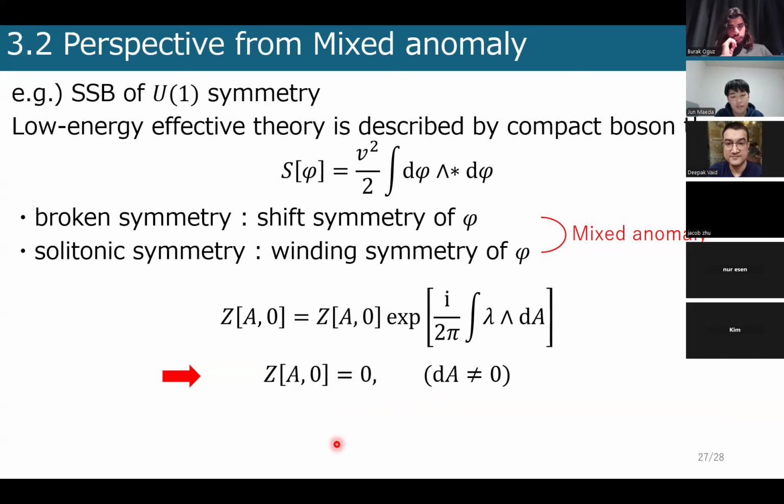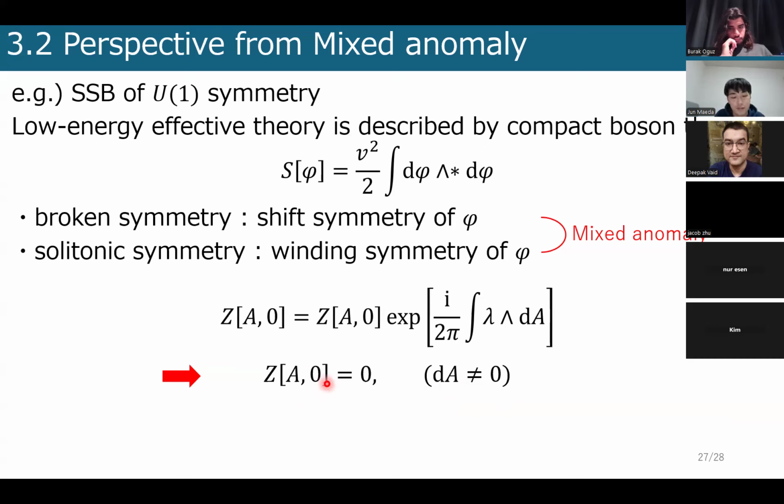And this result is also consistent with the previous result because, as I explained before, for non-flat gauge fields, the twisted partition function must exactly vanish. But for flat fields, the partition function has a finite non-zero value at finite volume.